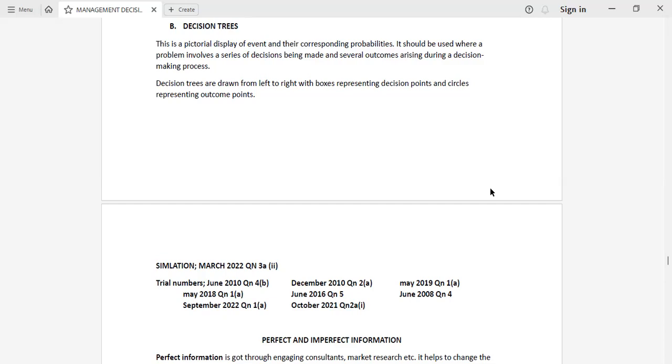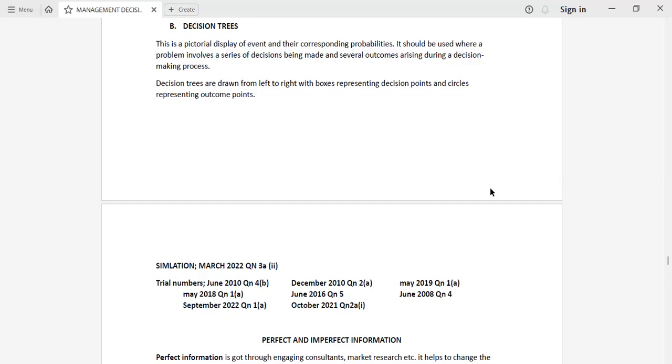And we are also going to show the alternatives. There may be alternatives that we are going to represent using those boxes. There may be decision points.